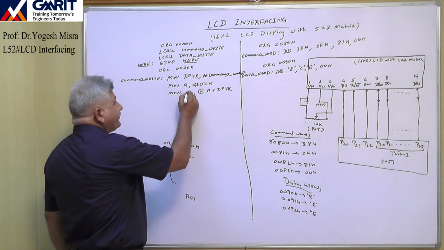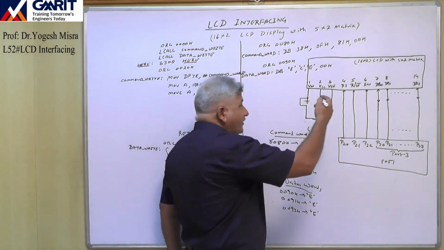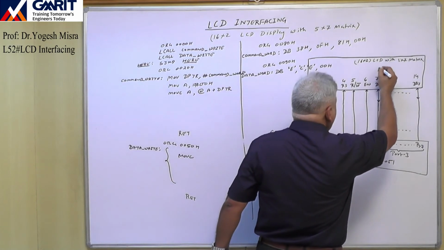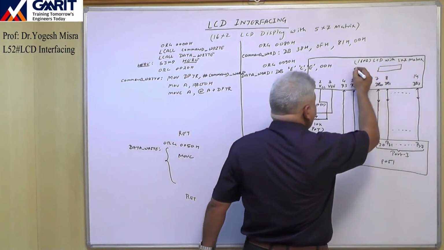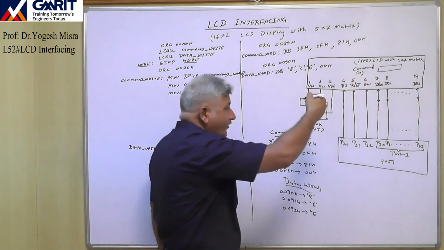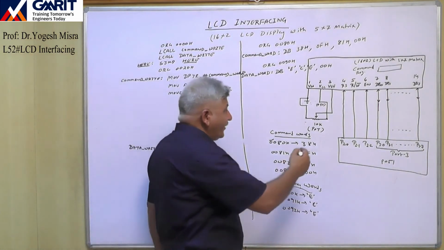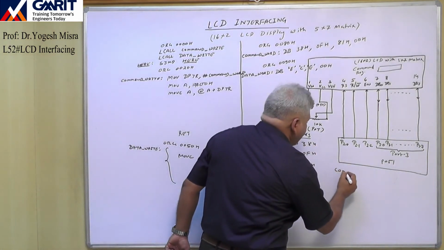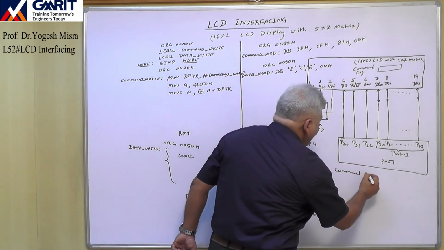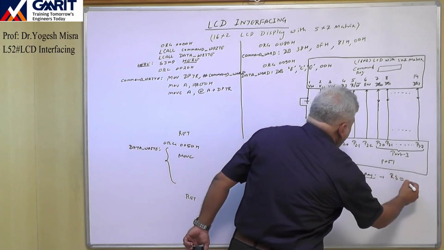And this command word has to be written inside the command register. Inside the command register we have to load this. So how to select the command register? To select the command register, the RS pin should be 0.